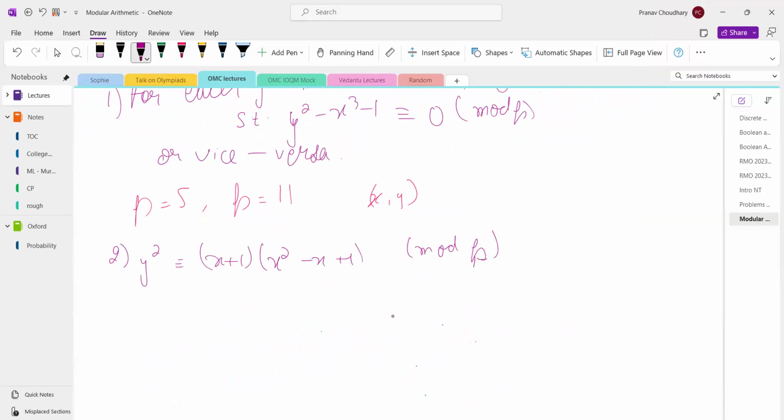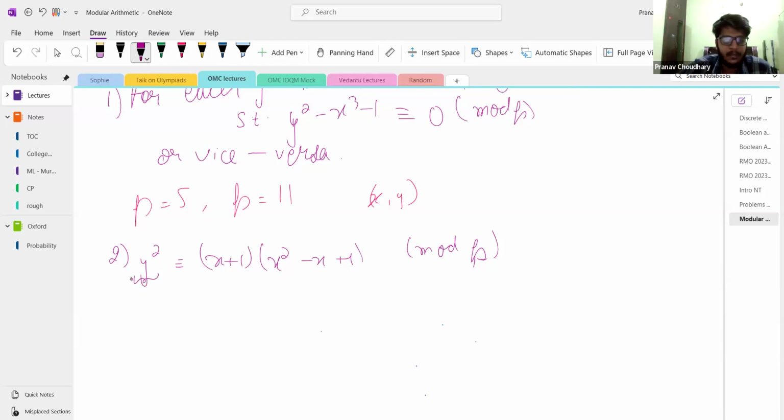But the issue with this is you don't know how y squared is behaving, right? You have no clue how y squared mod p looks like. And also x plus 1 can literally be anything mod p. So you can't just say that it can be coprime or something. It's a nice try, but sadly it does not work here.